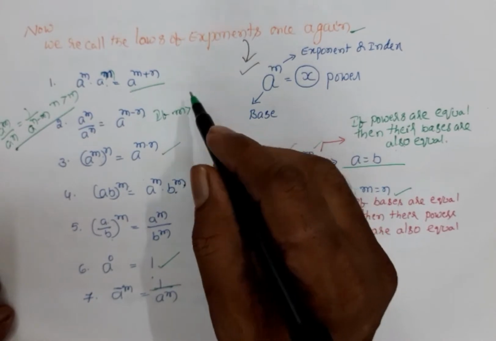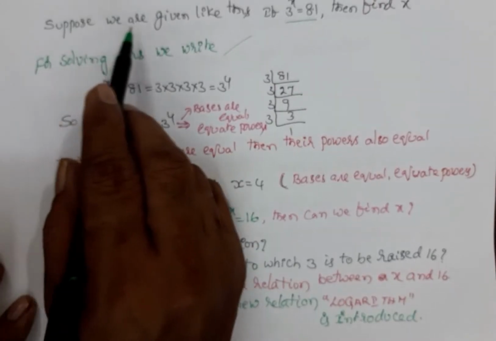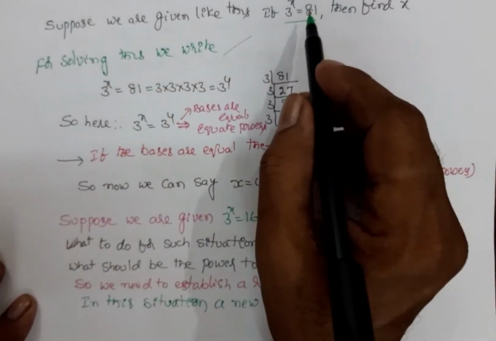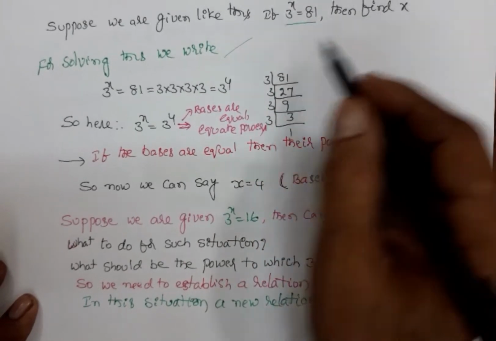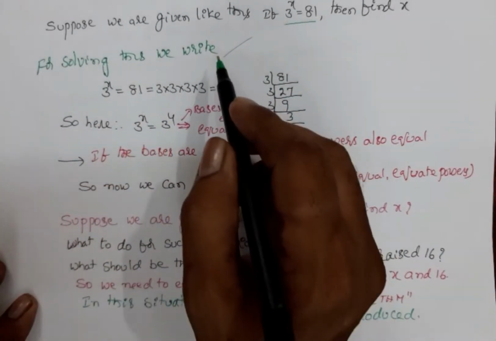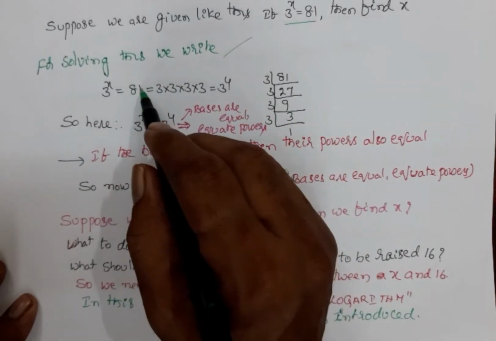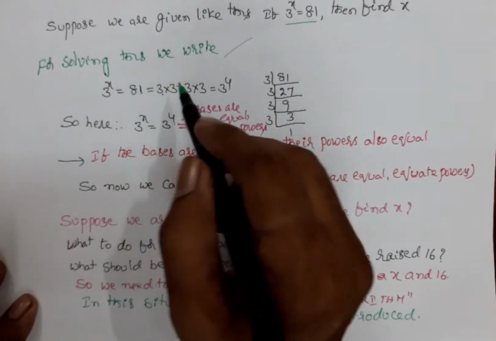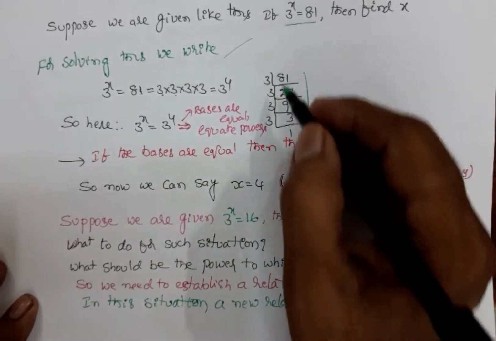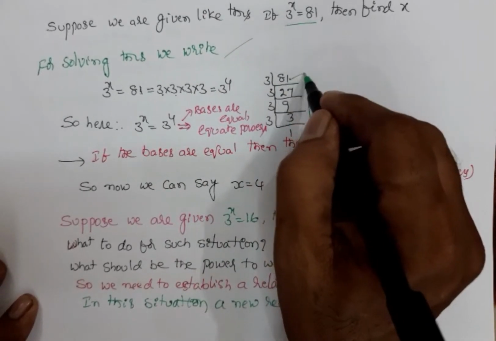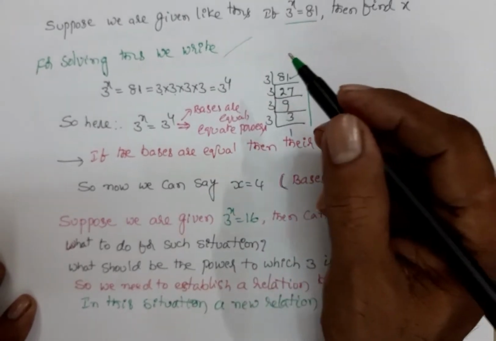These are the laws of exponents. Suppose we are given: if 3 to the power of x equals 81, then find x. For solving this, we write 3 to the power of x equals 81, which is 3 into 3 into 3 into 3, that is 3 to the power of 4.